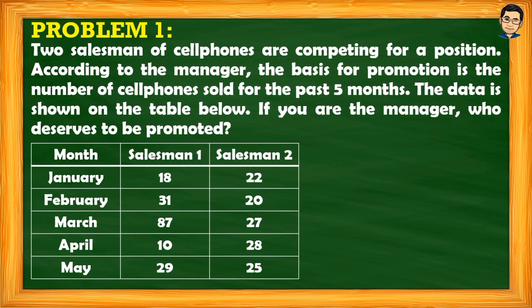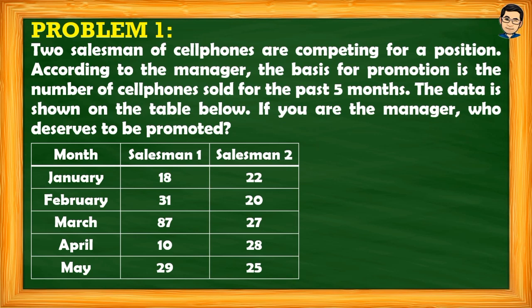During January, nakabenta si salesman 1 ng 18 units. Si salesman 2 naman, 22. Then February, 31 yung salesman 1, and salesman 2 naman, 20. Pagdating ng March, biglang naging 87 yung benta ni salesman 1. Si salesman 2 naman, 27 lang.